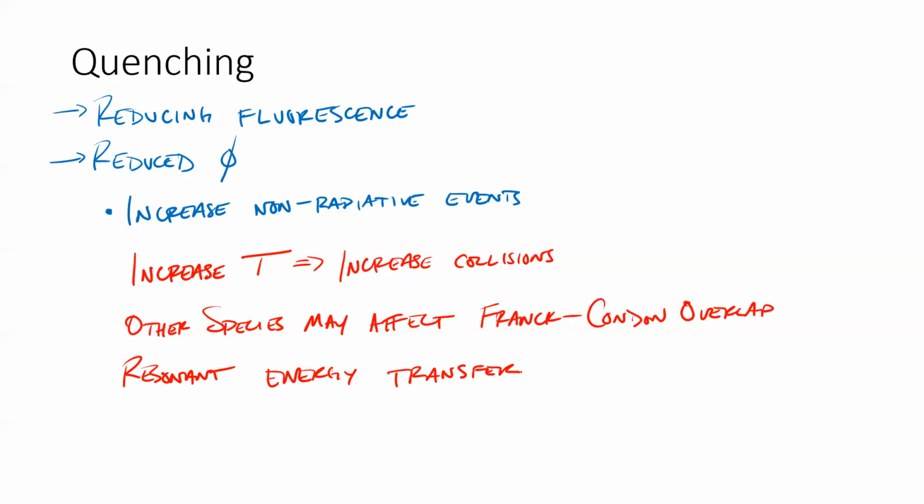If you have another species in solution that has a similar energy gap to your molecule, then instead of fluorescing, that molecule could just transfer that energy to the other species. And that molecule might fluoresce, but it's likely that it's not going to fluoresce at exactly the same wavelength. And so you're not going to see fluorescence from your molecule of interest.